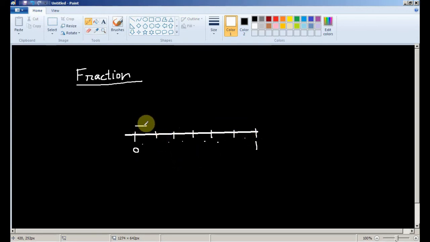So what I want to do is there is a line I draw from 0 to some point, say 1, 2, 3, 4, 5. Okay, so from here to 3. So what does this represent? It represents 3 out of 6. Right? 3 out of 6.